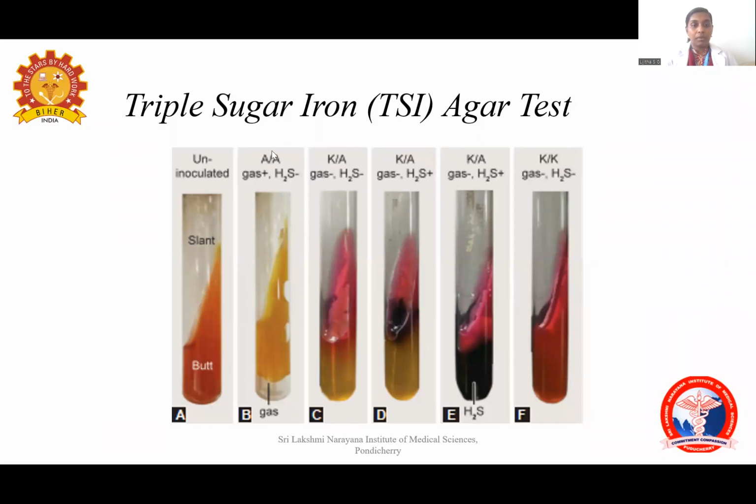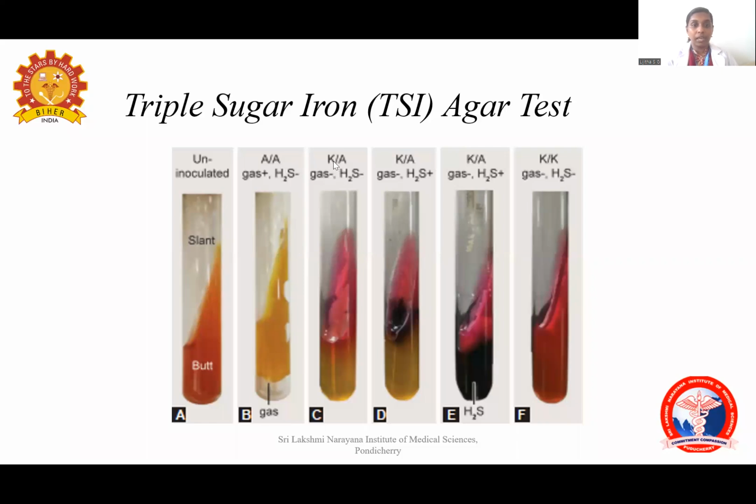A means acidic reaction. Why is it written A by A? It is because A in the slant, also A in the butt. That is how it is interpreted. So A in the slant by A in the butt: acidic reaction in the slant, acidic reaction in the butt also.